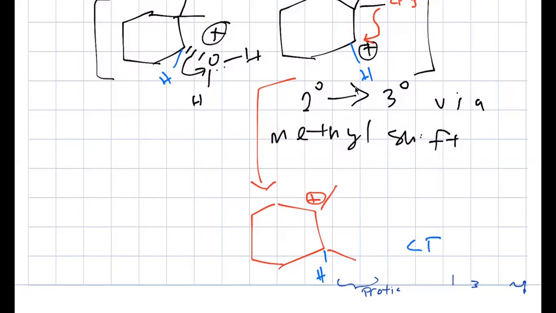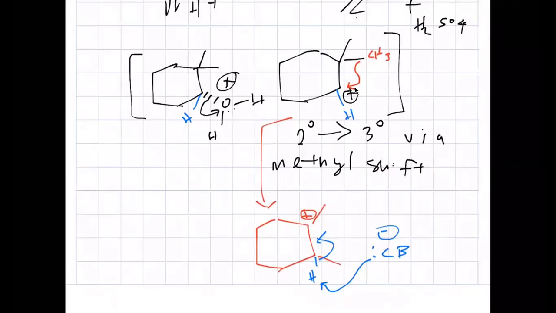And I always like to use the conjugate base of the acid to do the elimination. So this is coming here. And then boom, like that, put the double bond in, and that'll get you to your product.